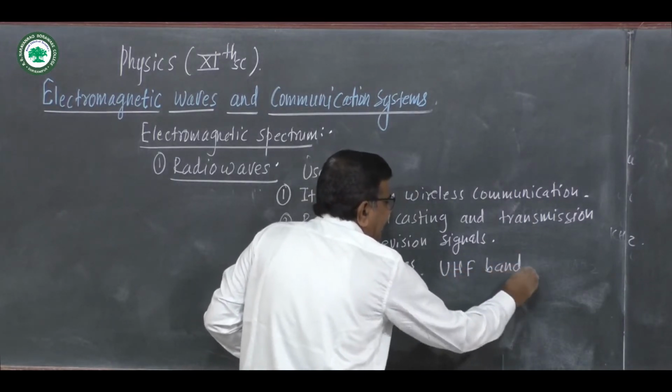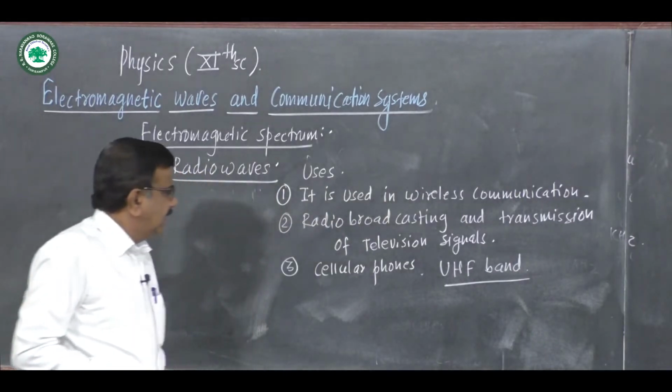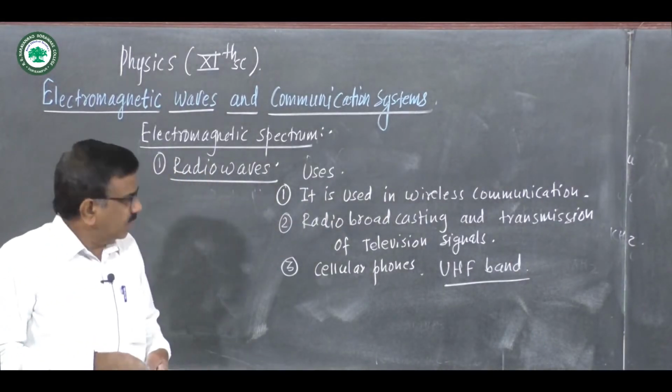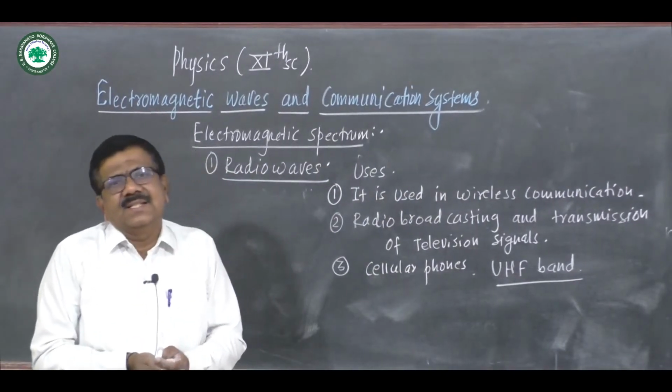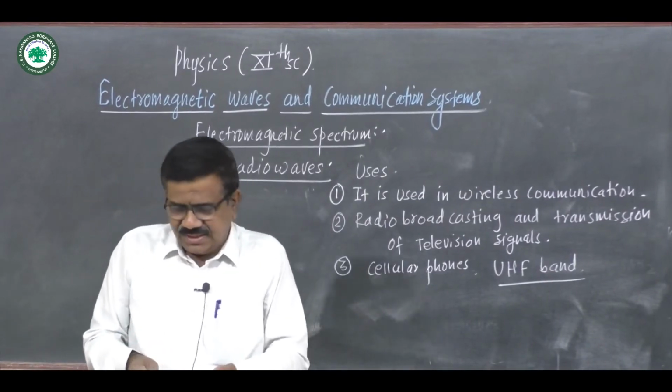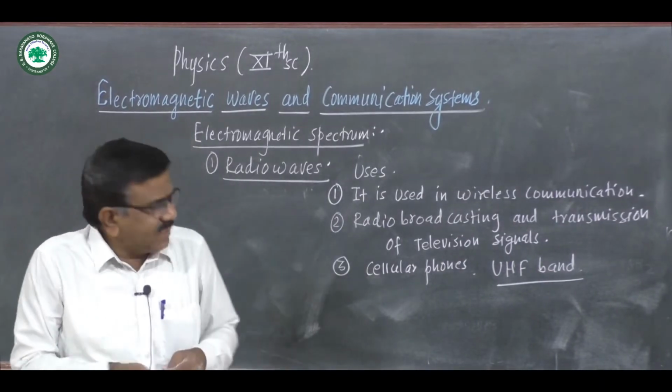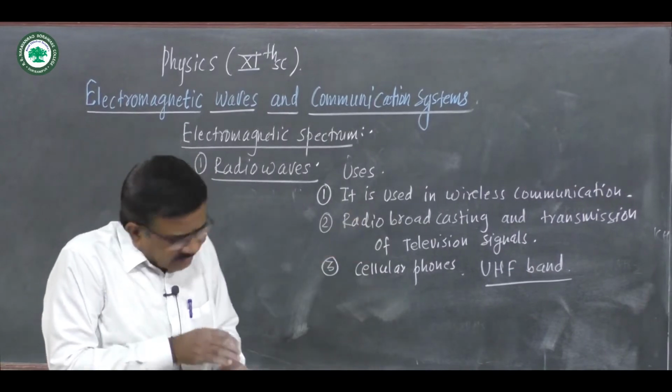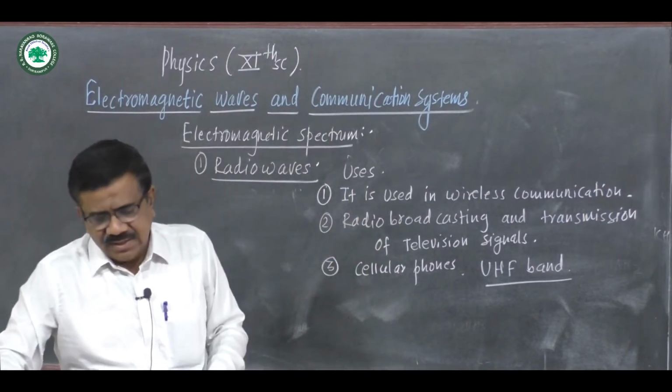In cellular phones, for the transmission of voice signals, radio waves are used to transmit these signals in the UHF band, that is the ultra high frequency band.